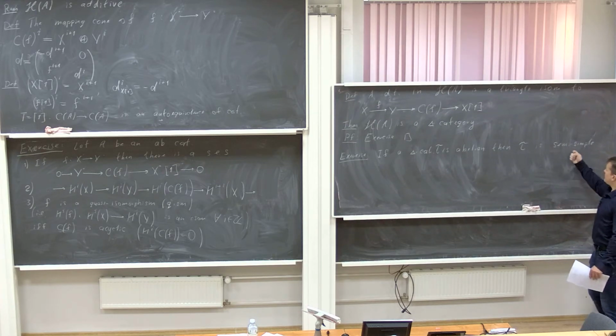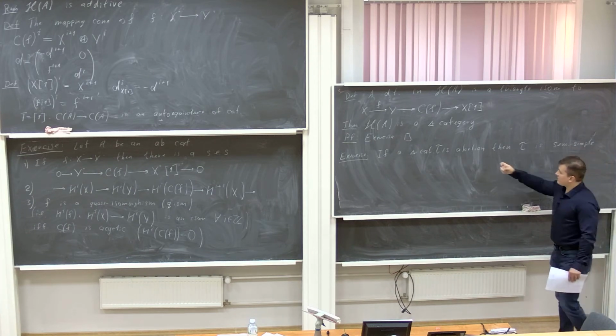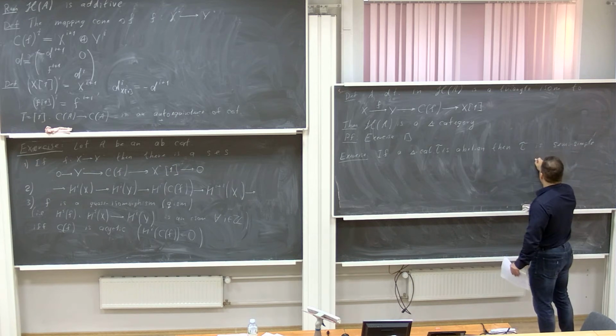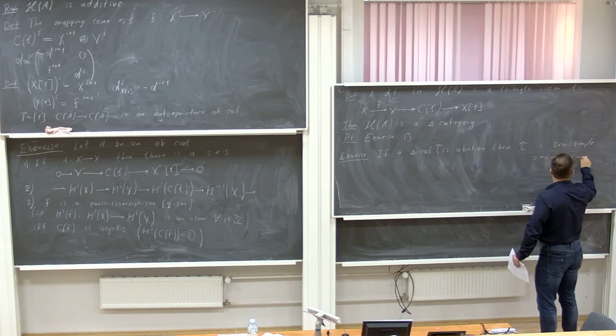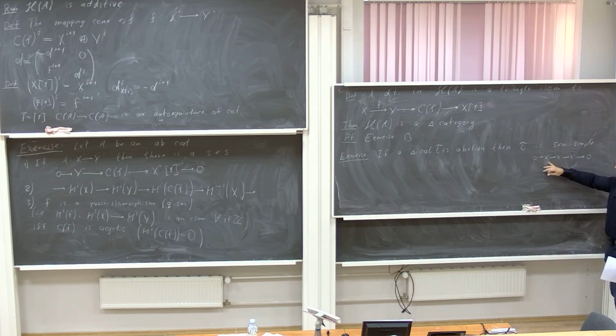So do I need to define semi-simple categories? No, it means that, well, you have the abelian structure, right? So you have short exact sequences. And semi-simple means that any such short exact sequence splits. Right?